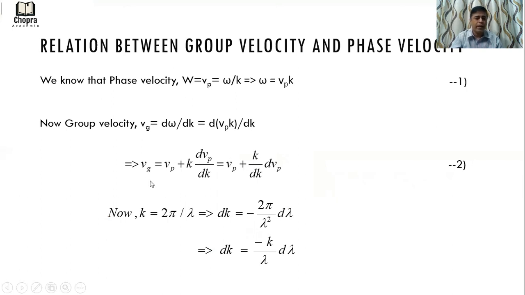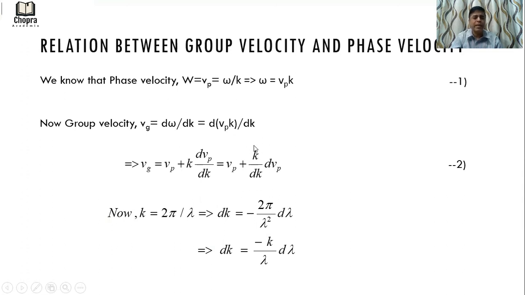I open it up, I get vp plus k dvp by dk, which I can rearrange to write vp plus k by dk times dvp. This is equation number 2. So we will try to find out what k by dk is and substitute back into the equation to get the relation between group velocity and phase velocity.